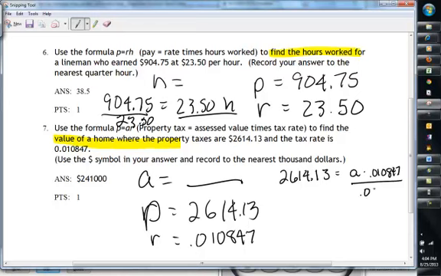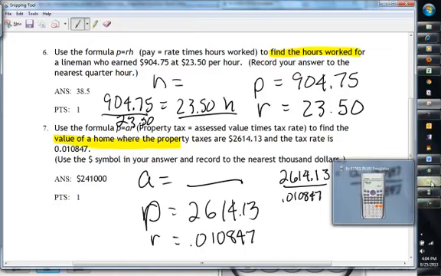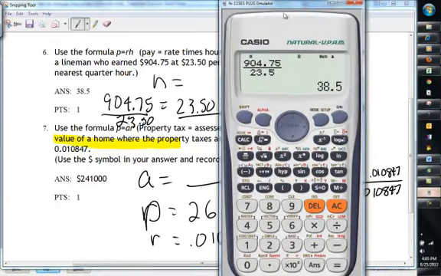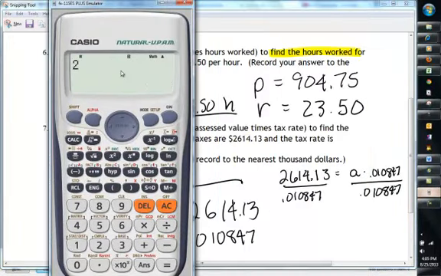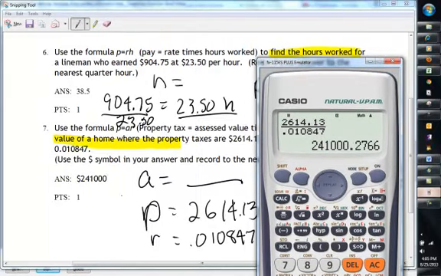Divide both sides by 0.010847. Let's get out our calculator. 2614.13 divided by 0.010847, and we get $241,000 rounded to the nearest $1,000.